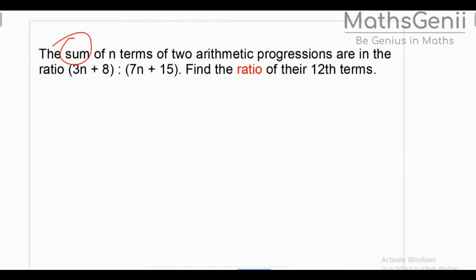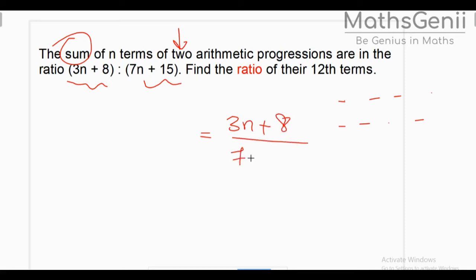Secondly, in the question he's telling me there are two arithmetic progressions. So there will be some arithmetic progression and another. So you have two arithmetic progressions. These two sums are in the ratio of this is to this. Who are in this ratio?